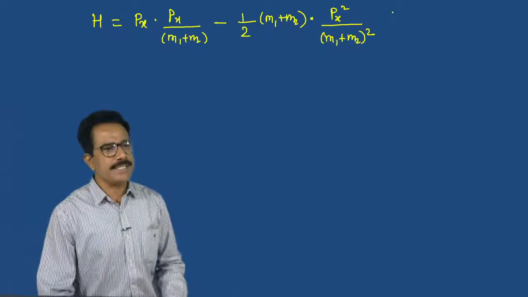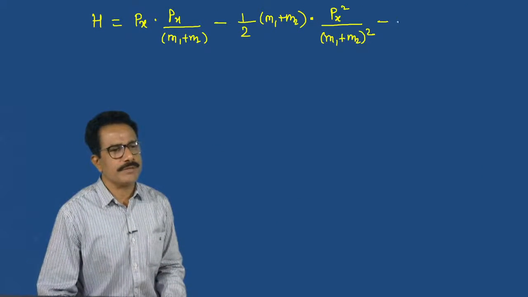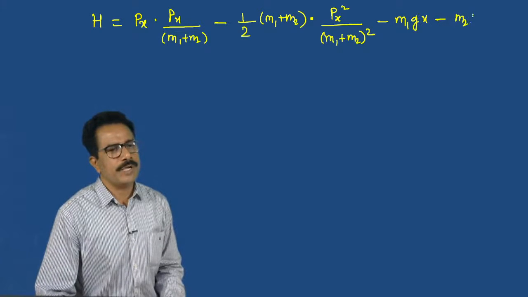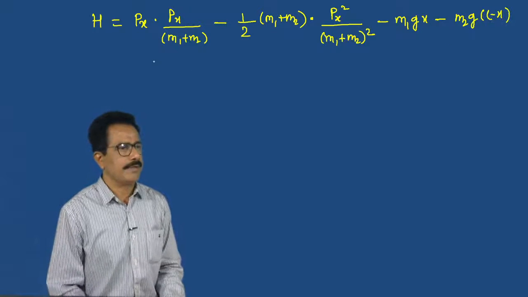Remaining terms are as it is, minus M1 gx minus M2 g into L minus x.